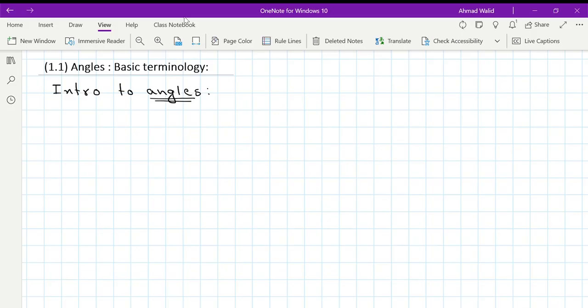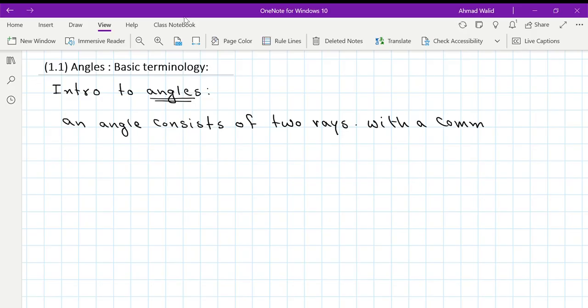An angle consists of two rays with a common endpoint, correct?